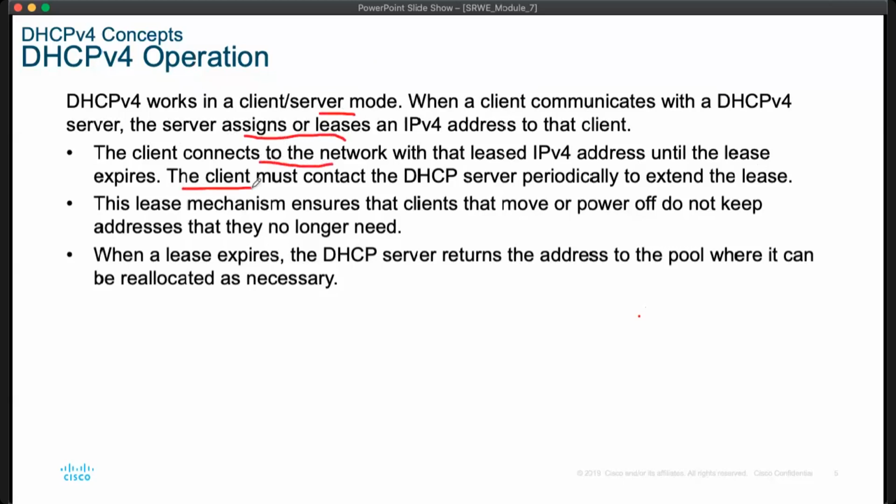The client must contact the DHCP server periodically to extend the lease. This lease mechanism ensures that clients that move or power off do not keep addresses that they no longer need. When a lease expires, the DHCP server returns the address to the pool where it can be reallocated as necessary.